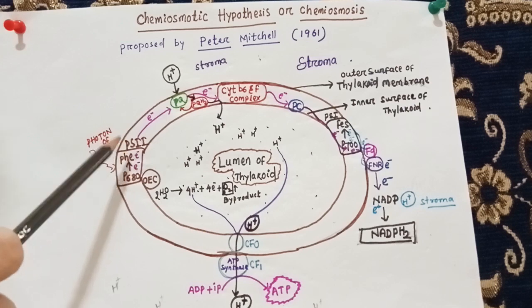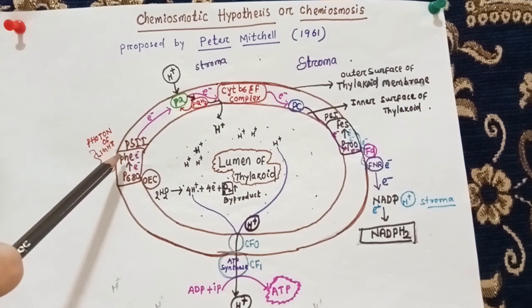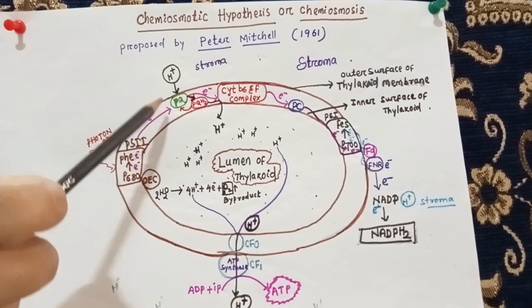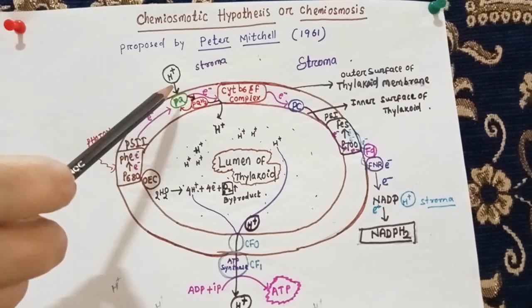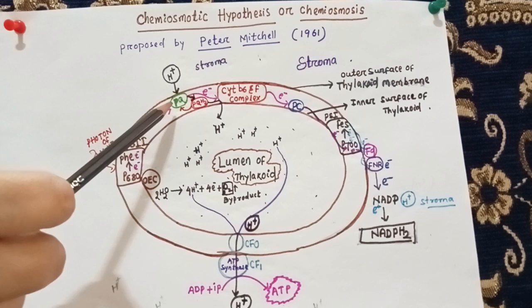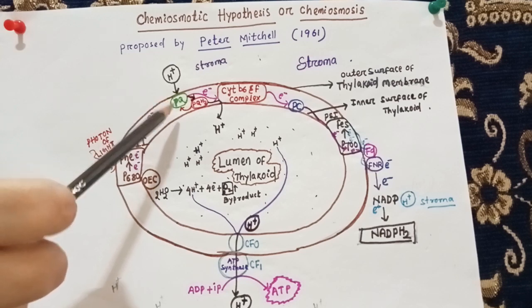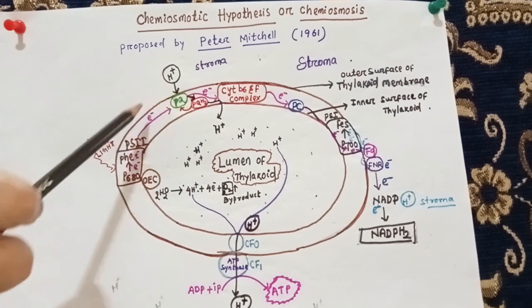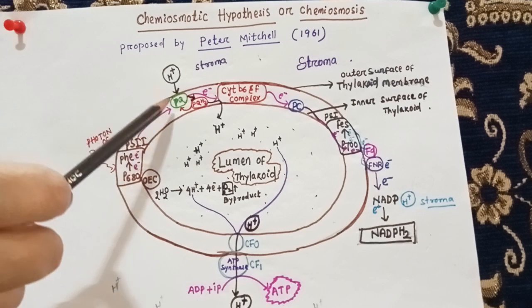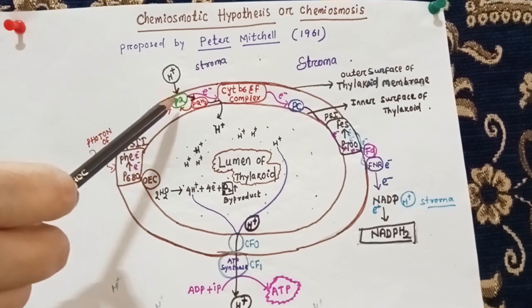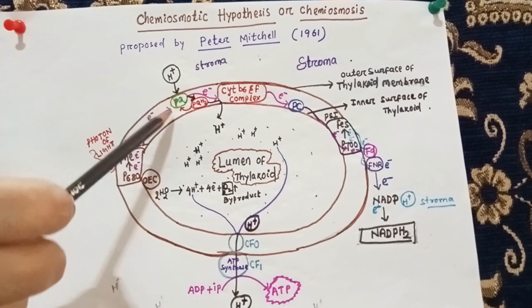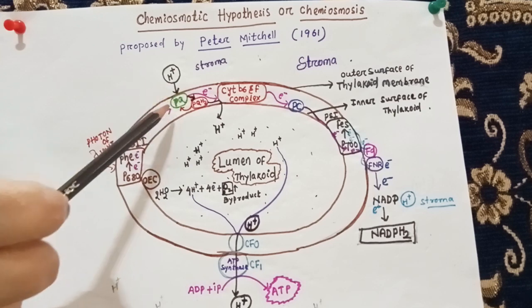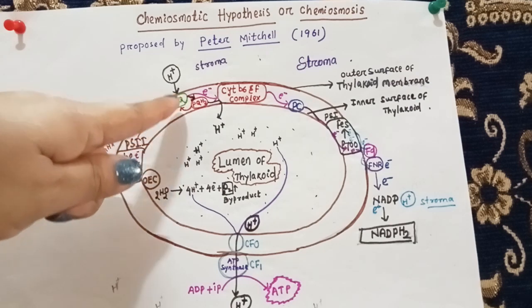Then this electron from pheophytin is accepted by another electron carrier, that is plastoquinone. Plastoquinone is a proton carrier.